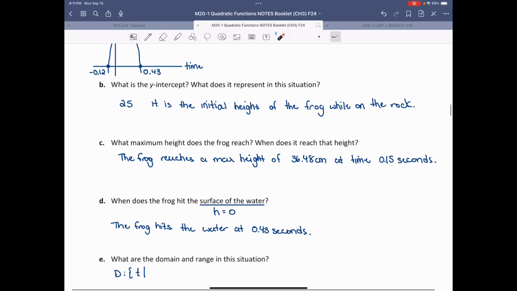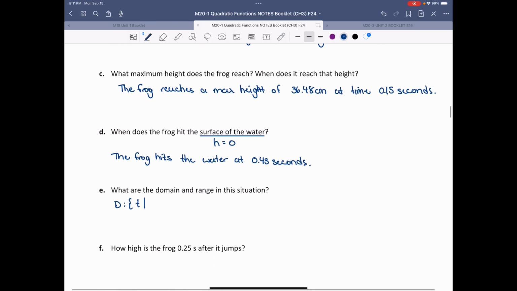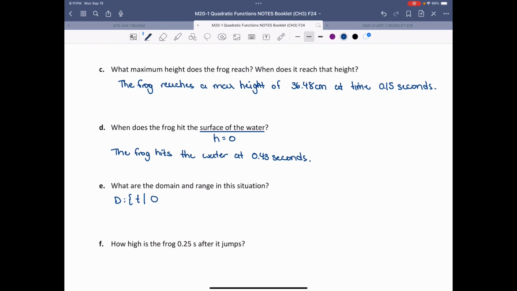The frog is not jumping through the ground. So it's going to go from 0 is less than or equal to t, which is less than or equal to the x-intercept of 0.43, comma, t, e, r.